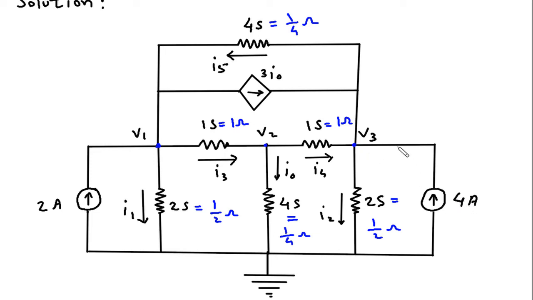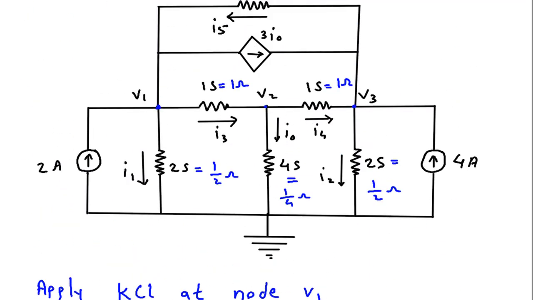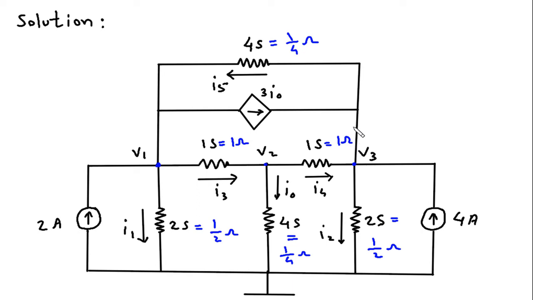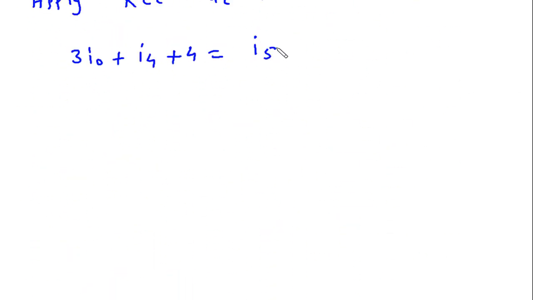This 4 ampere is also entering at this V3. 3IO plus I4 plus 4 ampere is equal to all the currents leaving the node. So leaving current is I5 plus I2.